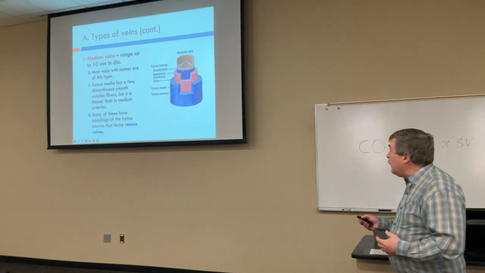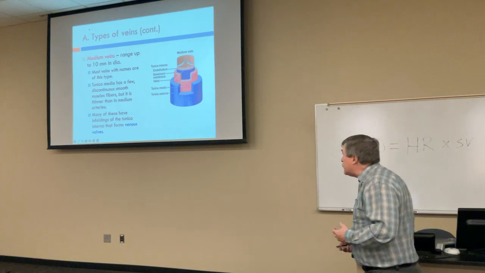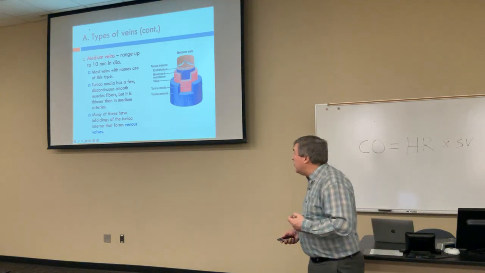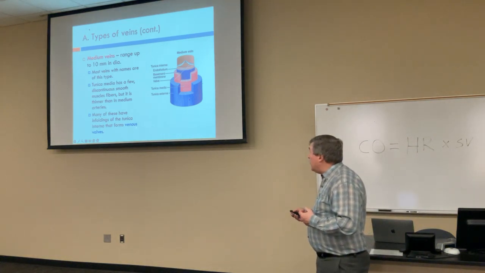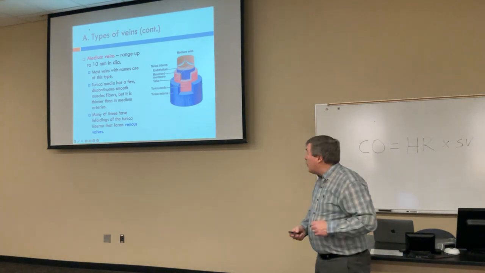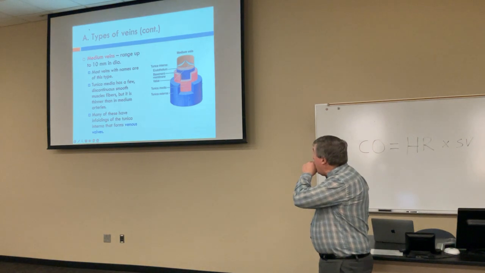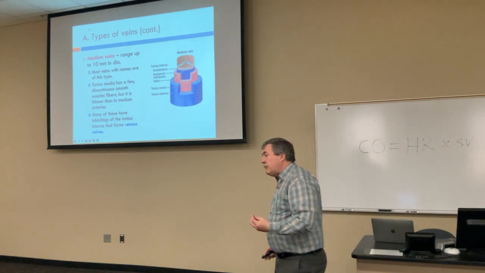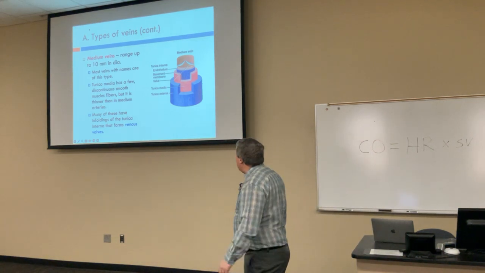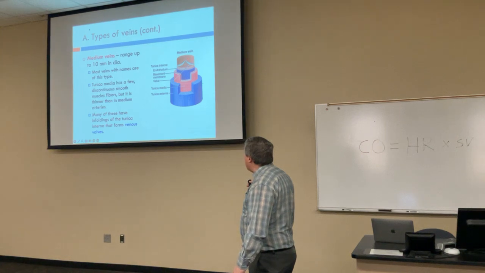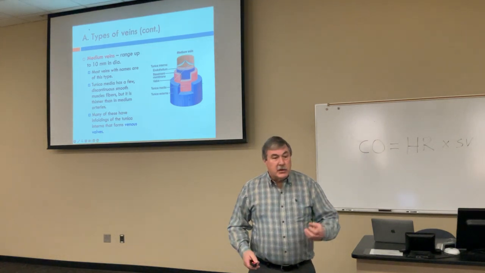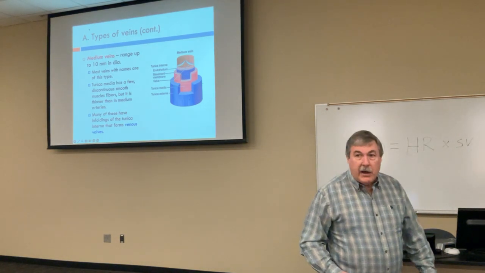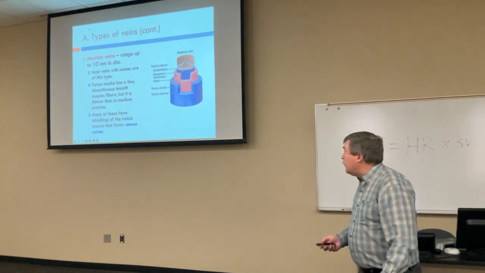The tunica media of medium veins has a few discontinuous smooth muscle fibers, but is thinner than in medium arteries. And most of these have infoldings of the tunica interna that actually form internal valves. This is an example of an internal valve that allows blood to flow towards the heart, but if gravity pulls the blood back down, it causes those valves to close, so the blood can't be pulled clear down into your feet.